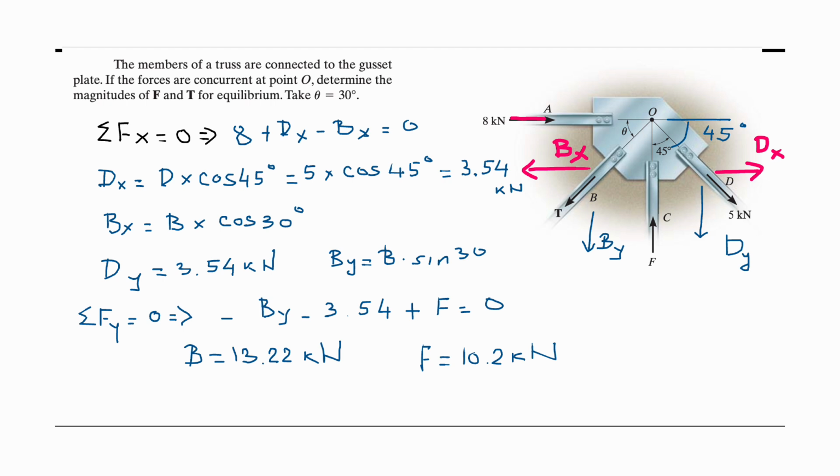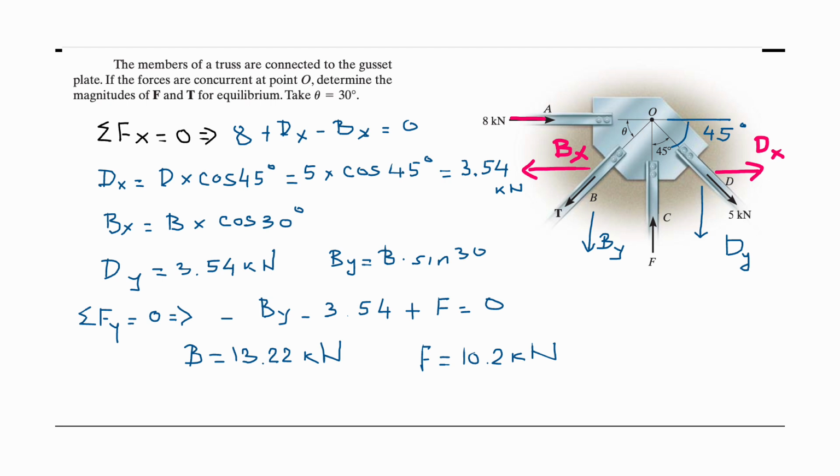Then we use the second equation, the sum of forces in the y direction is equal to 0. That means we have By, which is negative again, and By will be B times sine of 30. Then we have minus dy, which is here given as 3.54, and we have F force in a positive direction, so plus F equal to 0.